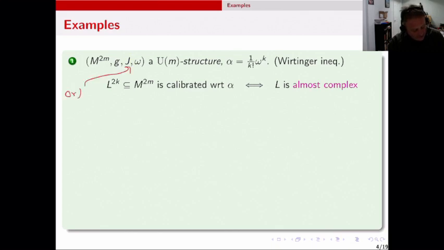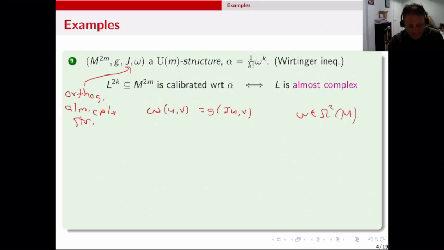This is an orthogonal almost complex structure. And then we get an associated Kähler form. Omega of u, v is g of Ju, v. And because J is an orthogonal almost complex structure, omega is a 2 form.